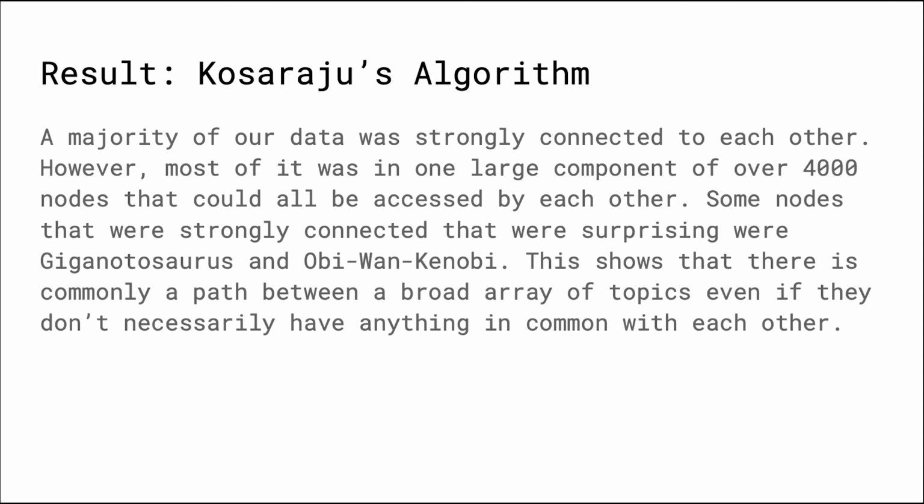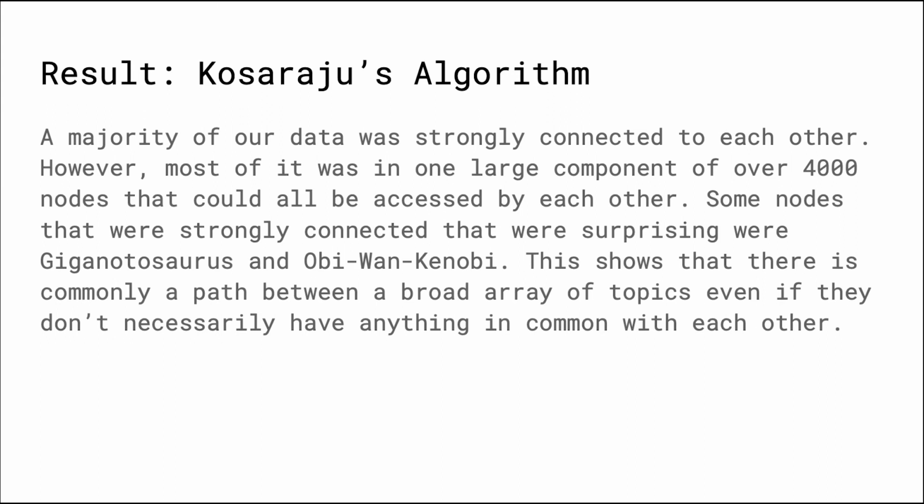We used Kosaraju's algorithm to help us find all the strongly connected components within our graph. When we ran our algorithm against our dataset, we found that there was one component that was almost 4,000 nodes, while the others only had a couple of nodes in them.